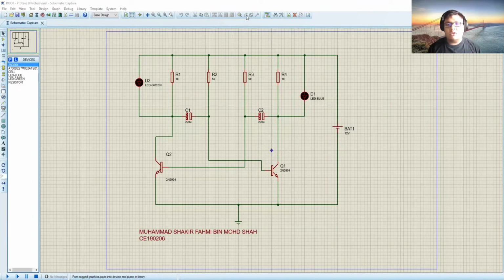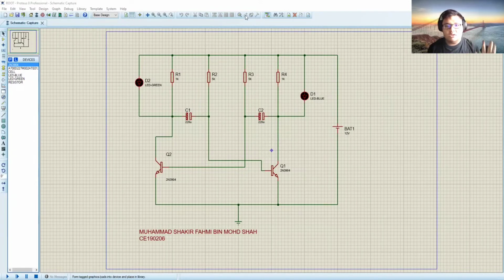A multi-vibrator circuit is an electronic circuit which can be used to build oscillators, timers, flip-flops, and other simple two-stage systems, with amplification devices such as transistors and electron tubes cross-linked by resistors or capacitors in the circuit. So that's the basic knowledge about the multi-vibrator.